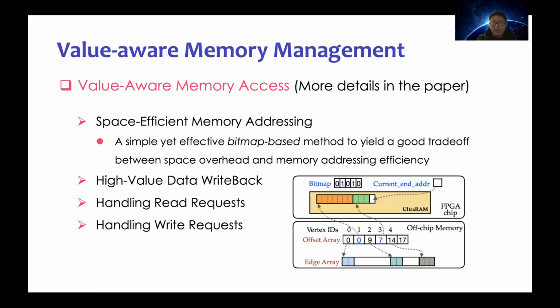A naive approach is to use another offset array to record the on-chip age data, but it incurs extra space overhead. We present a simple yet effective bitmap-based method to get a good trade-off between space overhead and memory addressing efficiency. More details can be found in the paper.